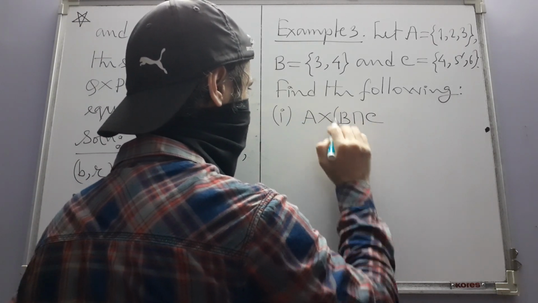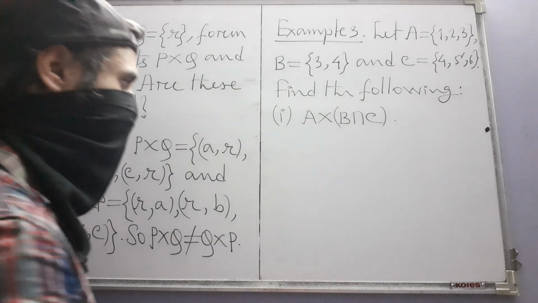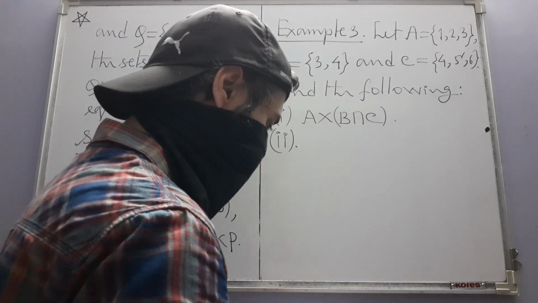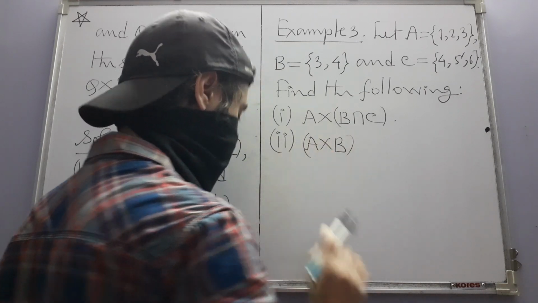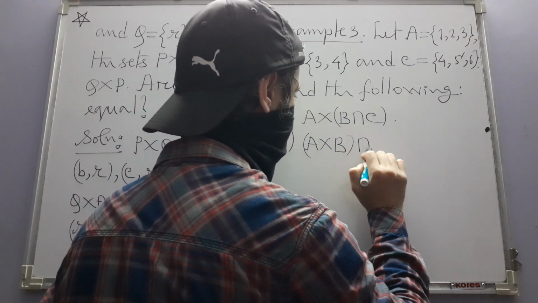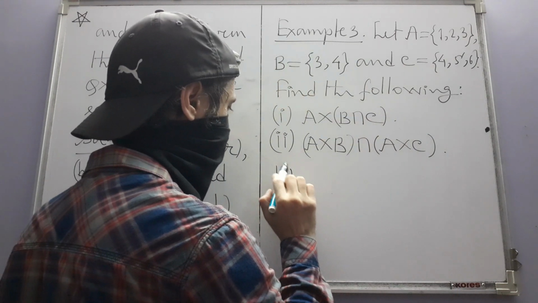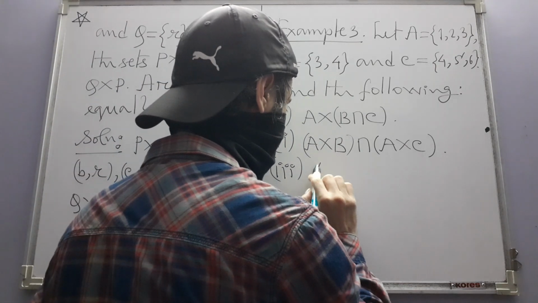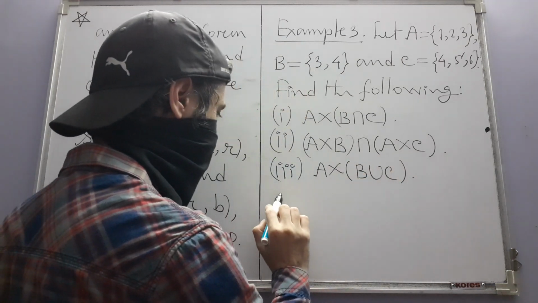Now what will happen if we bring in the other operations as well along with Cartesian product, say we consider intersection? We can do that. Number 2, (A times B) intersection (A times C). Number 3, A times (B union C).